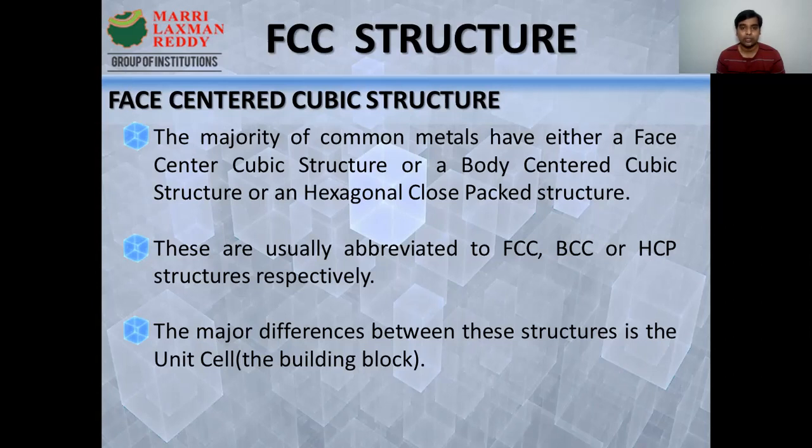Solids are again classified into crystalline solids and amorphous solids. Crystalline solids have a regular arrangement of atoms, like the arrangement of fruits in a fruit shop. In amorphous solids, atoms are arranged randomly.